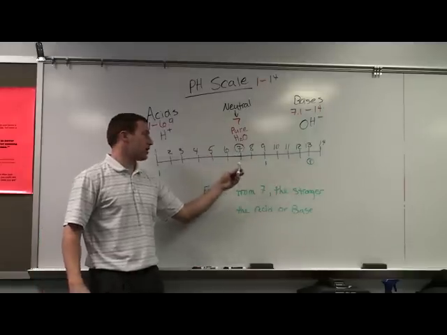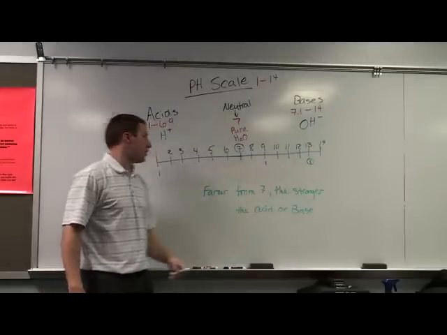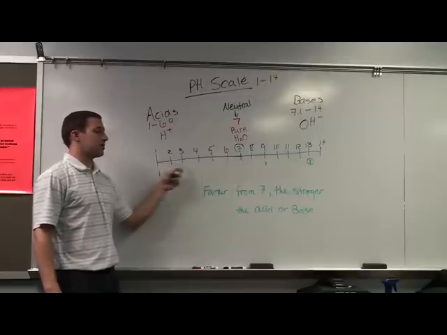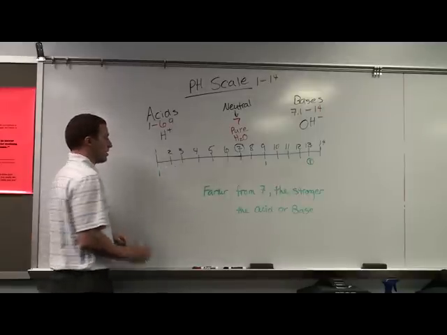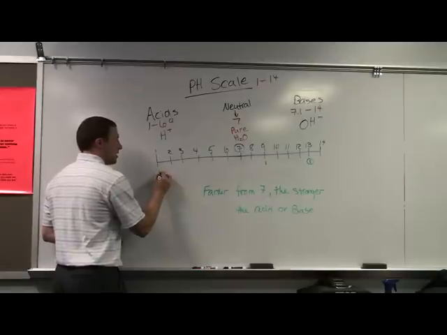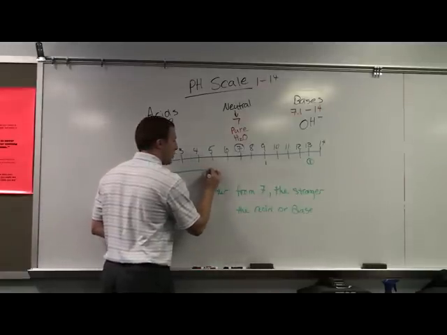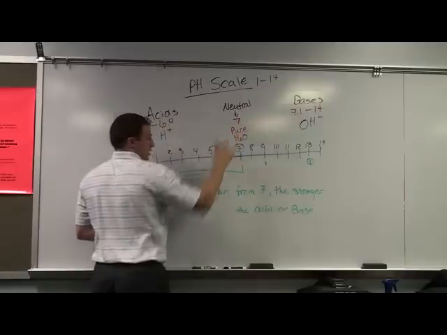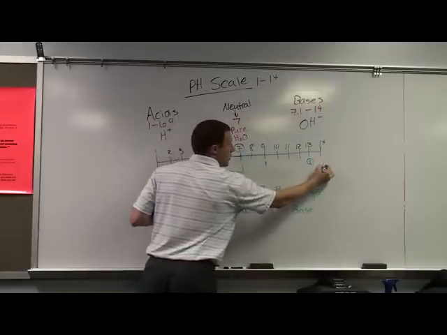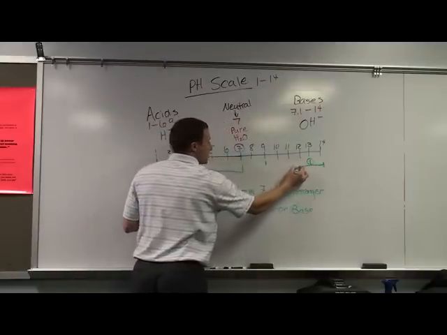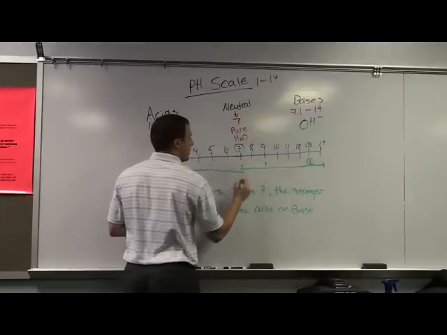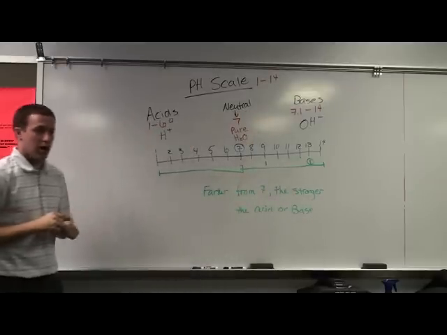A 12 because it's farther from 7. What's stronger, a 2 or a 4? 2. A 2 because it's farther from 7. So it's really, really acidic, and then as it gets closer to 7, it becomes more what? More neutral. And then at 14, it's really basic, and as it gets closer to 7, it becomes more neutral. And then once it hits 7, it is neutral, or pure water.